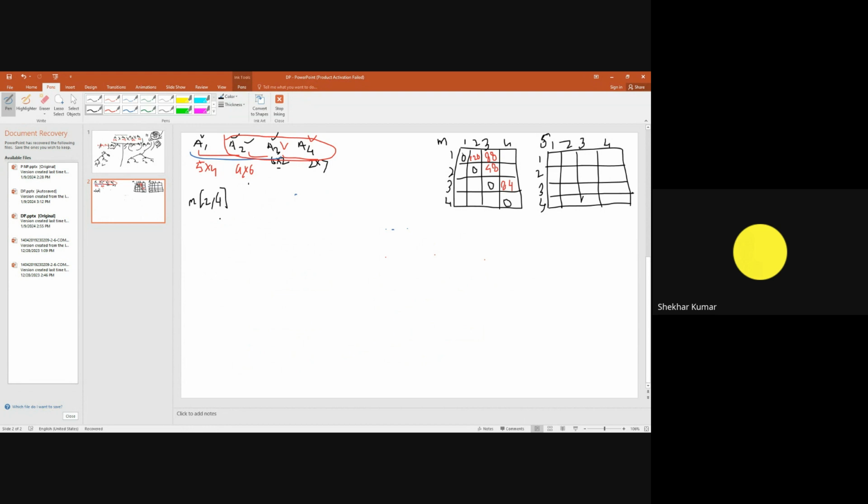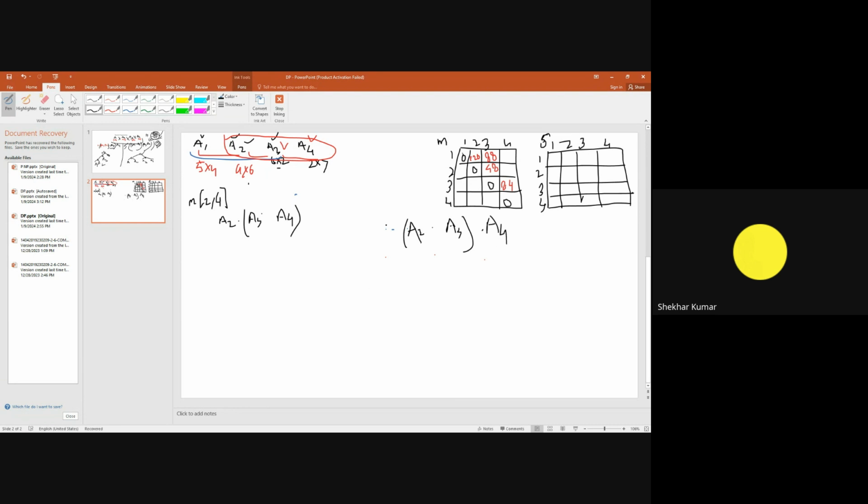At first, I can multiply A3 and A4, and the resultant is multiplied with A2, or A2 and A3 are multiplied at first, then the resultant is multiplied with A4.